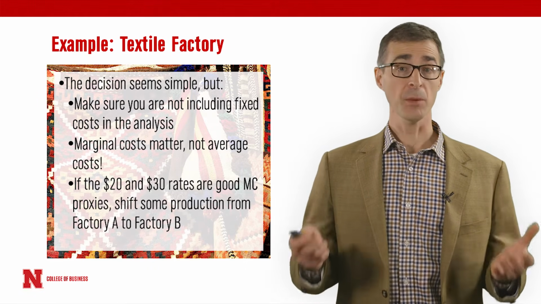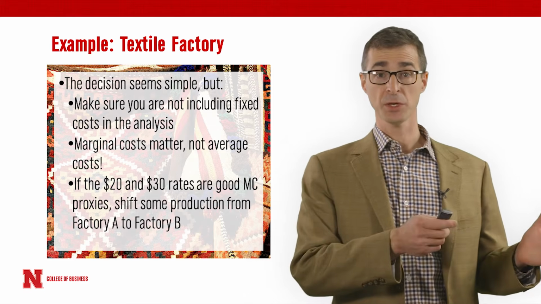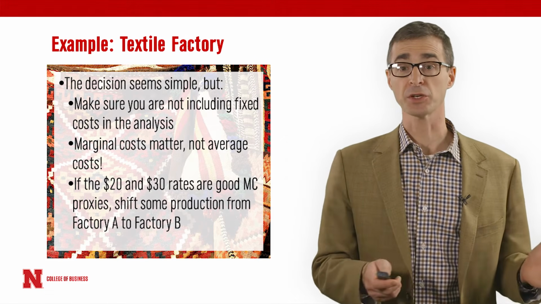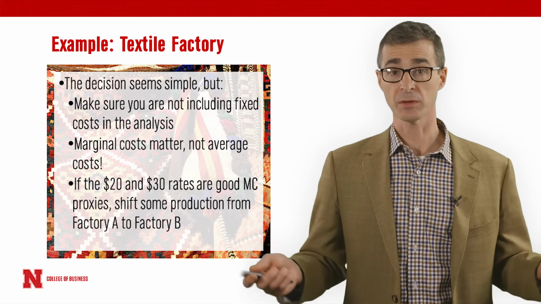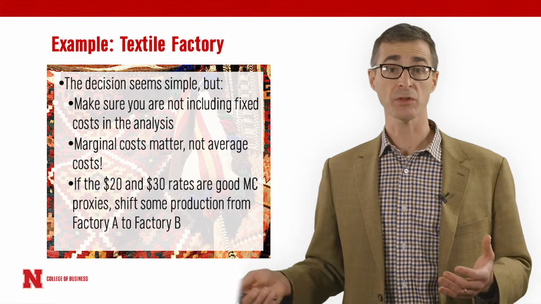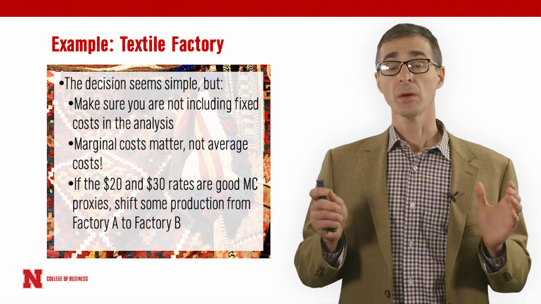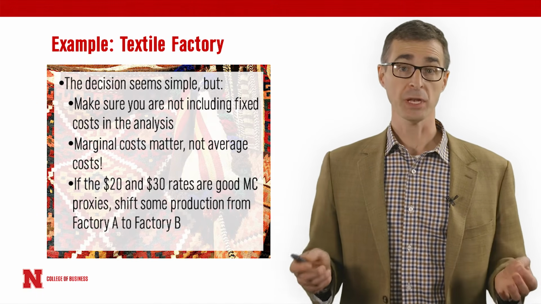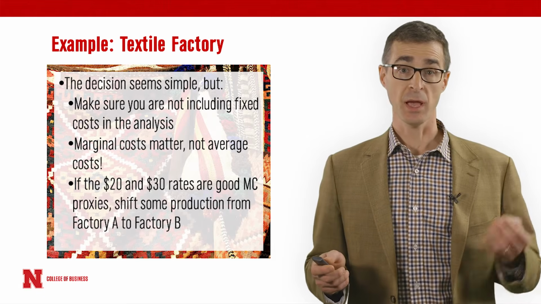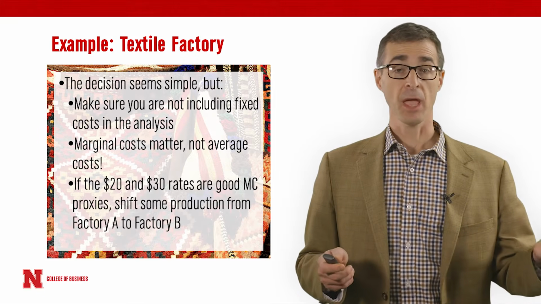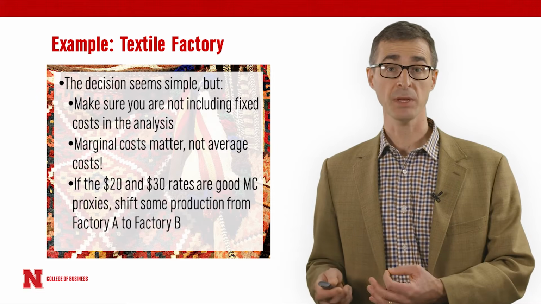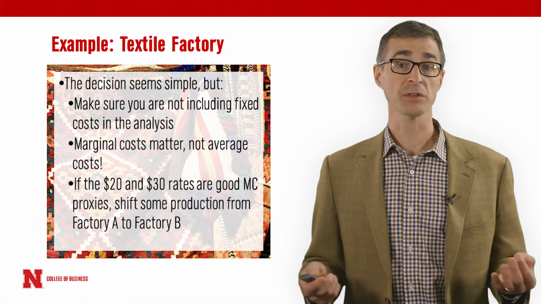So if the company decided to make this switch to increase production at plant B and reduce production at plant A, reducing output in the Dominican Republic and increasing output in the Yucatan, the idea there is that they're going to be avoiding $30 per SAH at plant A and incurring only $20 per additional SAH at plant B. And they'd want to make sure that that was in fact the case.